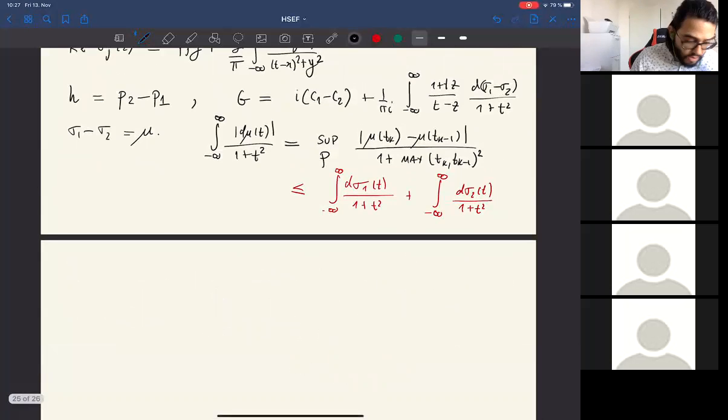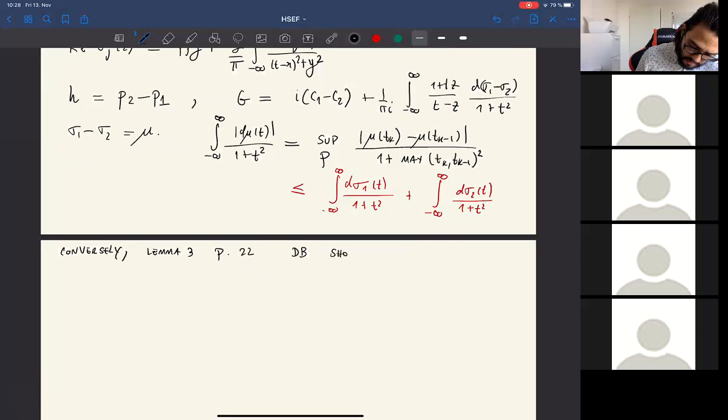Okay, and then he goes on to say that the opposite is also true, and that's the content of Lemma 3 on page 22.